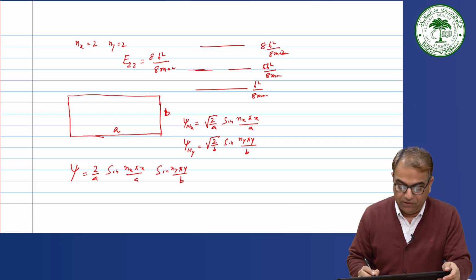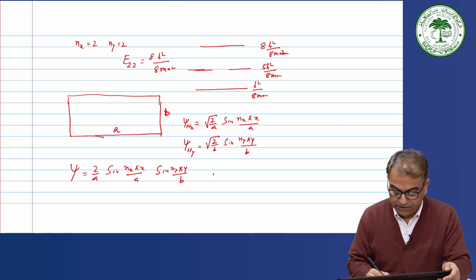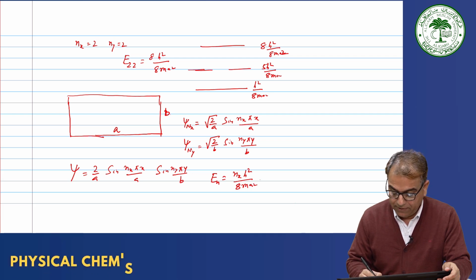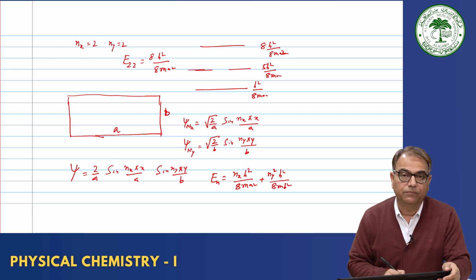What about the energy value? The same way, the energy value also we can write. En is equal to nx square h square divided by 8m a square plus ny square h square divided by 8m b square.